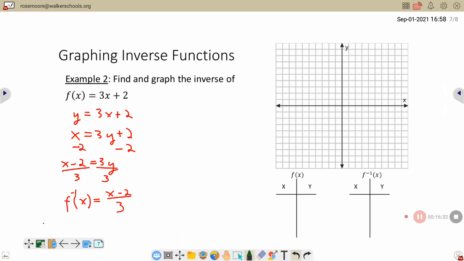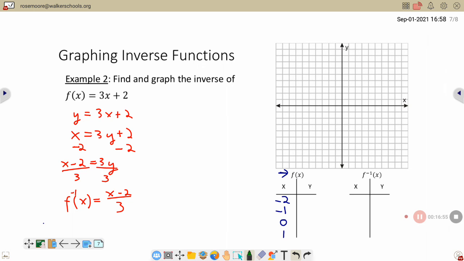Again, this is on that worksheet on the bottom left. So for my regular one, which I'm going to do in blue, I can choose again any x's that I like. I really tend to like to start at -2, -1, 0, 1. Pick things close to 0, keep it central.